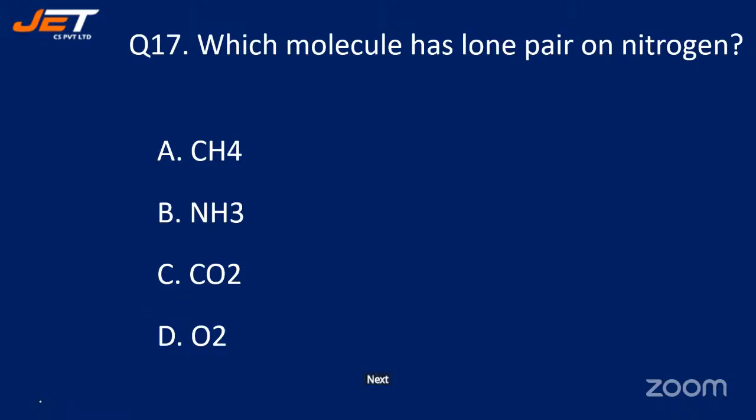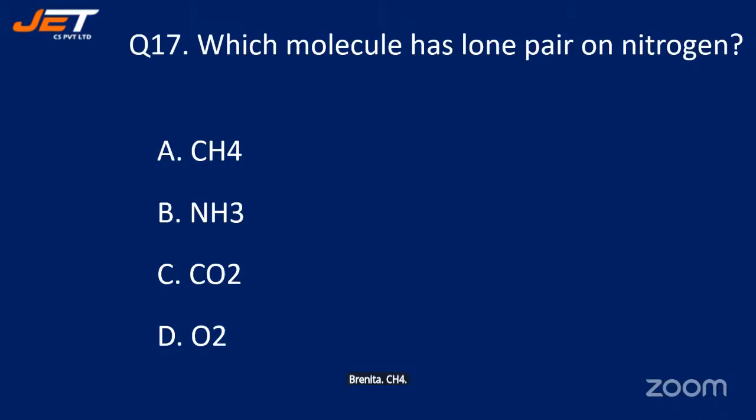Next question. Which molecule has lone pair of electrons on nitrogen? ఇక్కడ ఇచ్చిన క్వశ్చన్లో ఏ మాలిక్యూల్ కి లోన్ పేర్ ఆఫ్ ఎలక్ట్రాన్స్ ఉంటుంది నైట్రోజన్ మీద? రాహుల్ has mentioned it as option D. Ashwita, option B. Pranita, CH4.